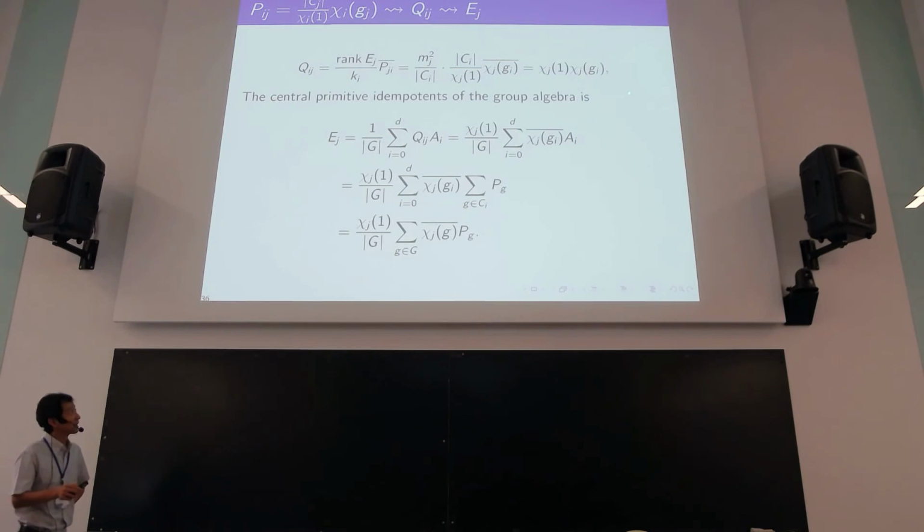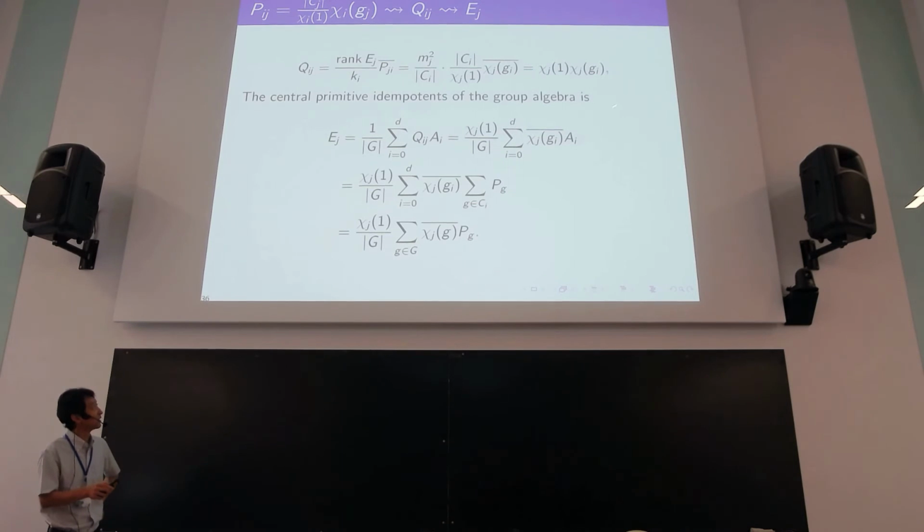But we already know the adjacency matrix is a sum of permutation matrices over the conjugacy class, so I have this. But then, you see that I use the fact that the character value depends only on the conjugacy class.